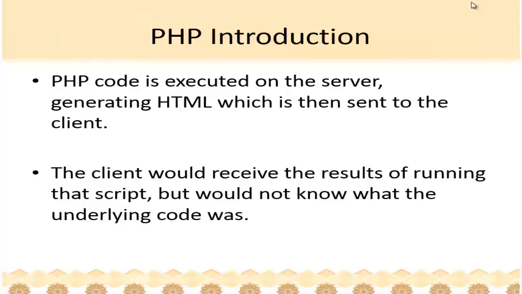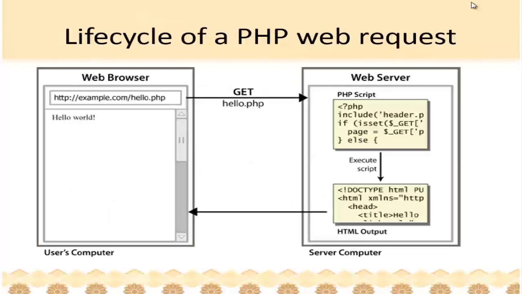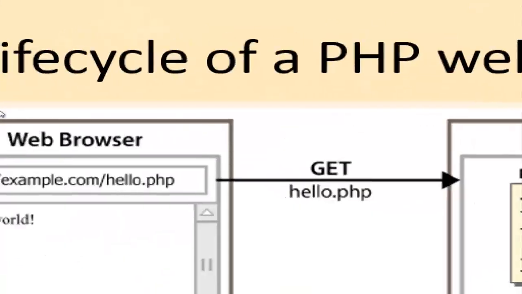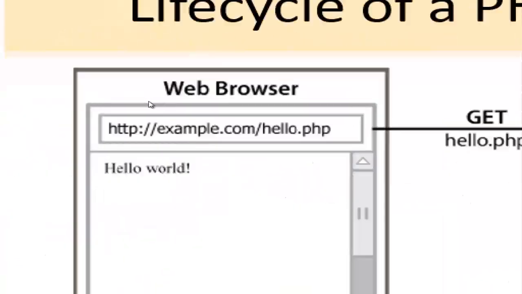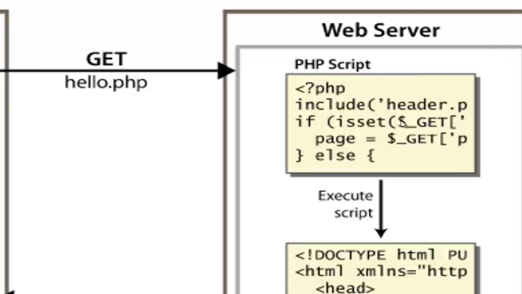Okay. So let's come back to the place. And we know very well that PHP is executed on the server, and it creates HTML that is given to the user. So what happens when you run a PHP? From your browser, whenever you tell the server that you want it to show you the page hello.php, the request for hello.php goes to the server.